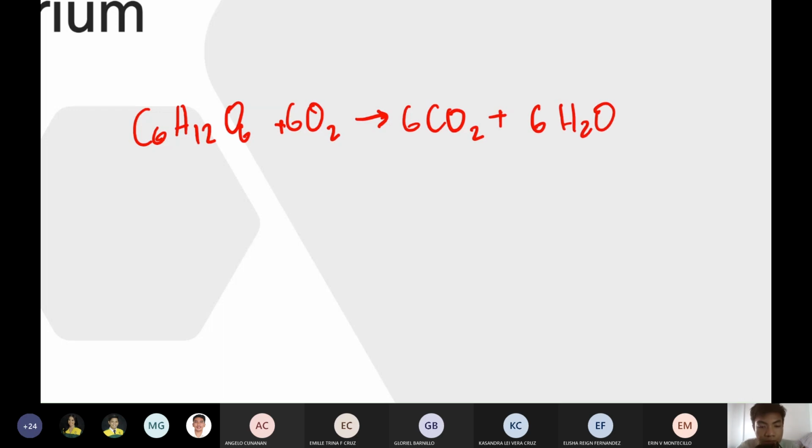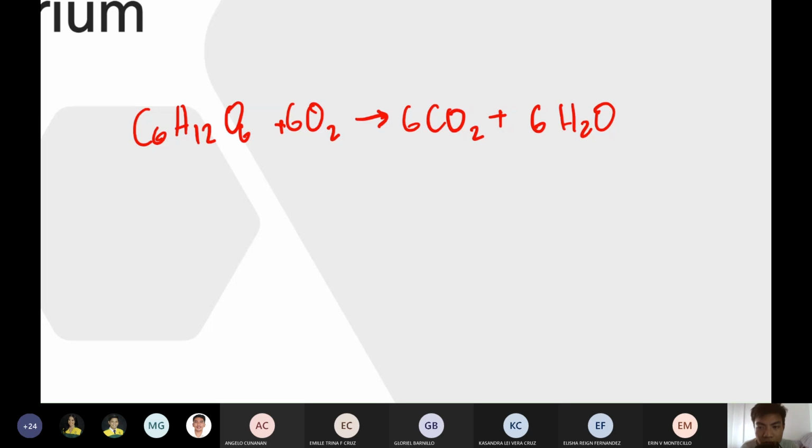So malalaman nyo that this is a one-direction reaction as indicated by the single-headed arrow. It tells us that the reaction is just going to the product side, from reactant towards the product. And it makes sense naman.